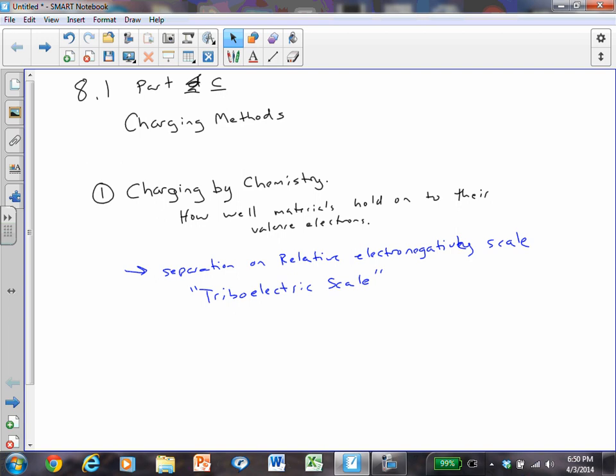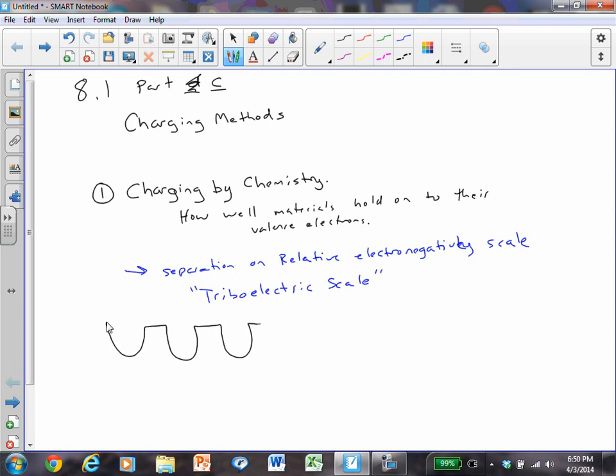Okay? So we could have a simple well depth model like so, and that would be more electronegative than this one, with the shallower well depths. This depth here being more than this depth there.